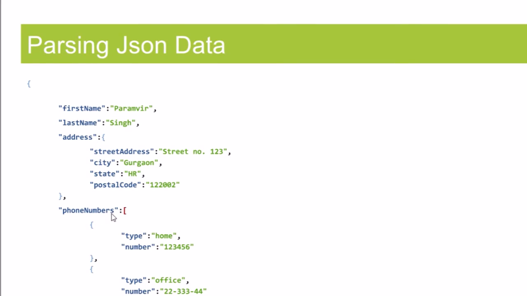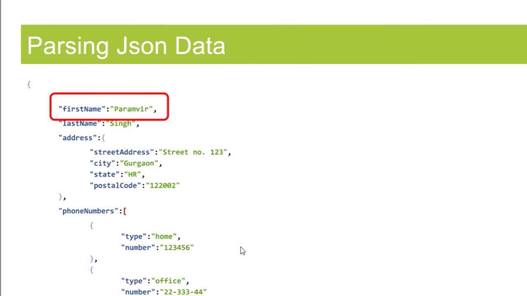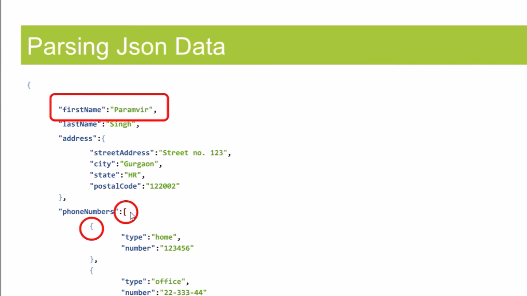The phone numbers key here is actually referring to a list of key value pairs or JSON objects. So the important thing is the key value pairs and the differentiation between curly braces and square brackets. Square brackets represent a list of values, and curly braces represent a particular object.